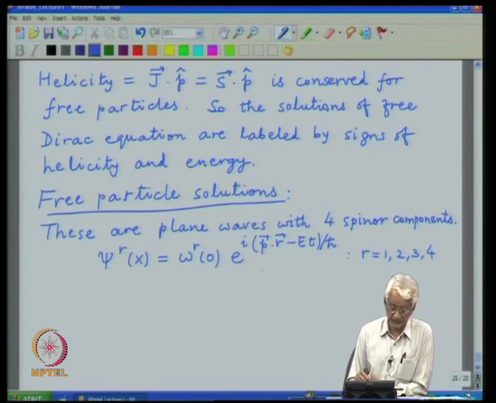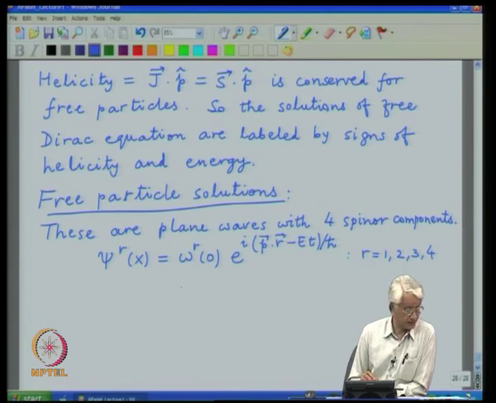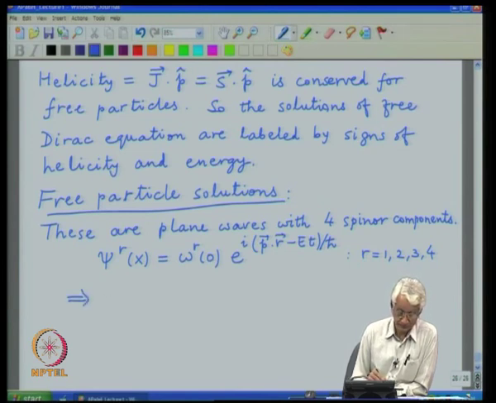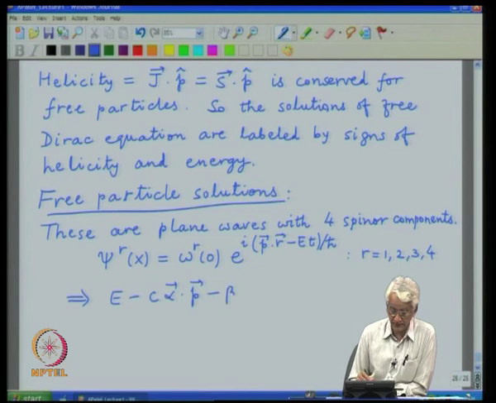So, once the space-time dependence is factored out, we want to see the interpretation of these 4 components omega r, and here is where the convenient choice for the basis made by Dirac turns out to be helpful. The equation now has the form where E and p are now the eigenvalues, they are no longer operators.